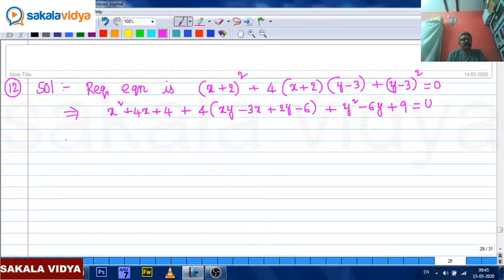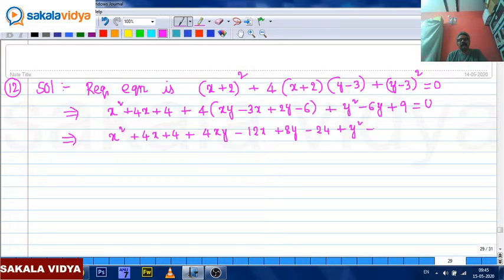So we need to simplify this one: x square plus 4x plus 4 plus 4xy minus 12x plus 8y minus 24 plus y square minus 6y plus 9 equals 0.